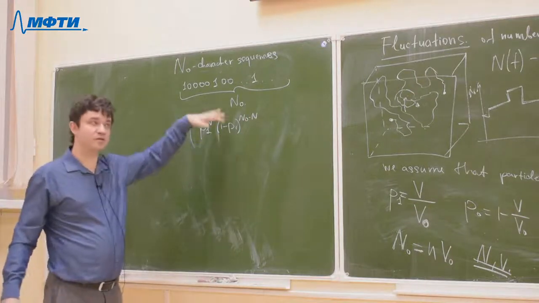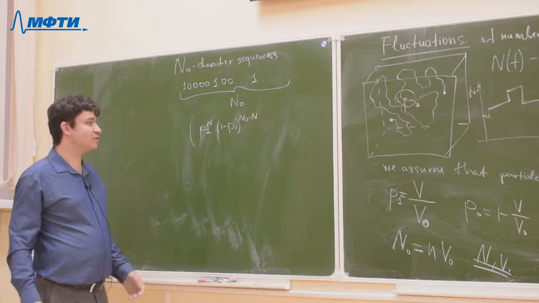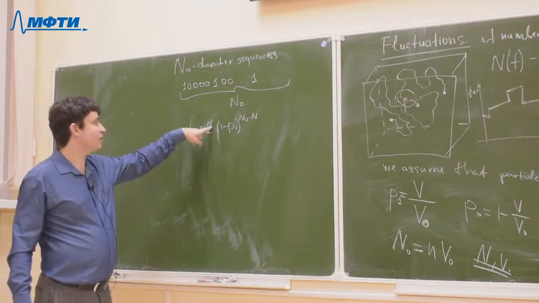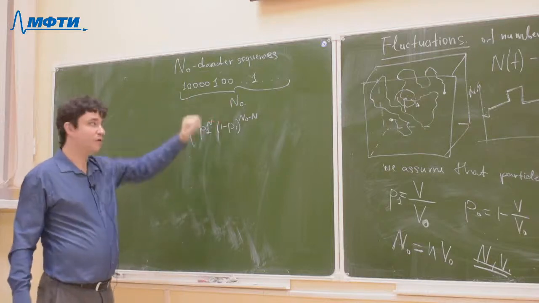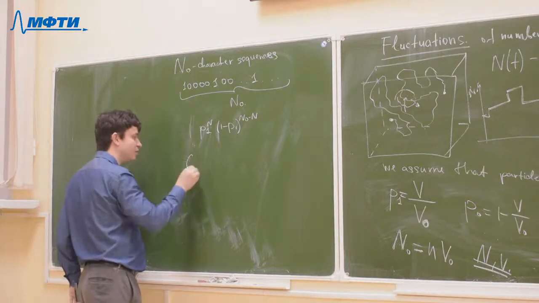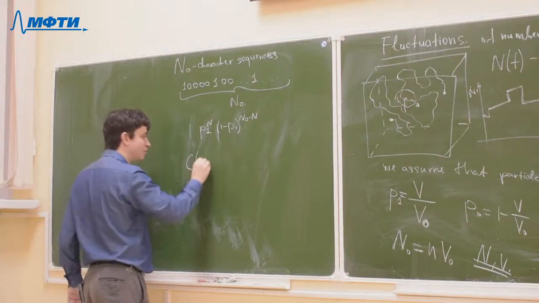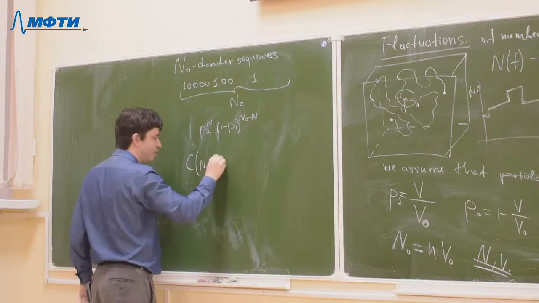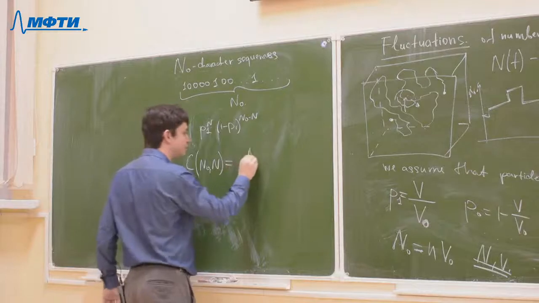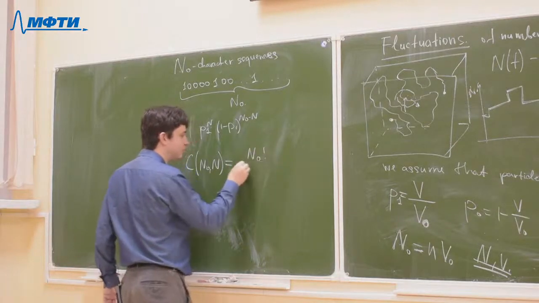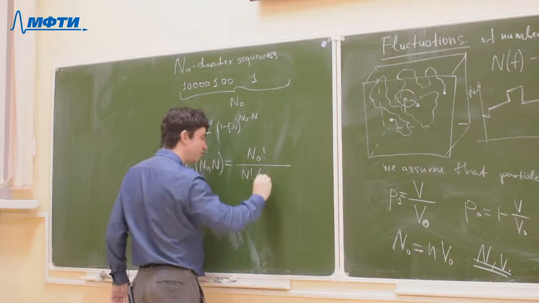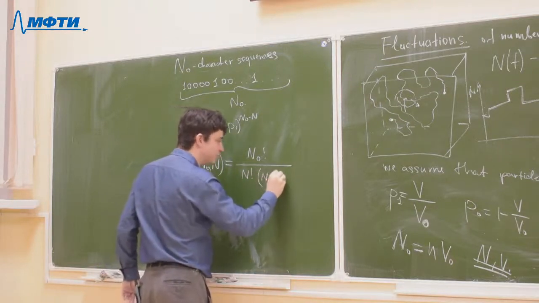This is for a single sequence. But also we know that the possible sequences which can have n ones in them, the number of such sequences is given by the number of combinations of N0 choose n, and this is calculated as N0 factorial over n factorial and (N0 minus n) factorial.